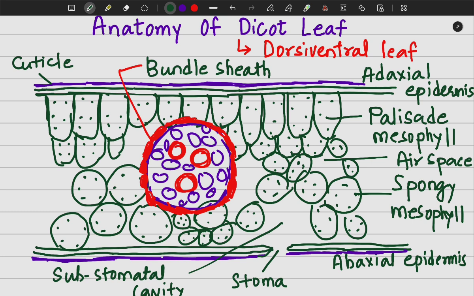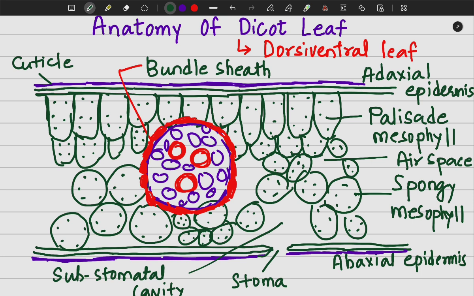Then towards the abaxial epidermis we have round and oval large spongy mesophyll, which has a large number of air cavities between the cells. These cavities are connected to the stomata for gaseous exchange.